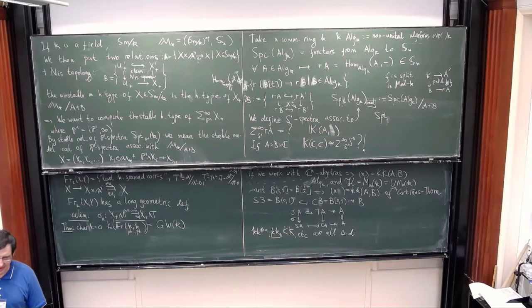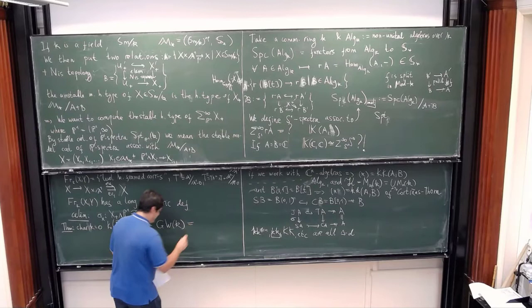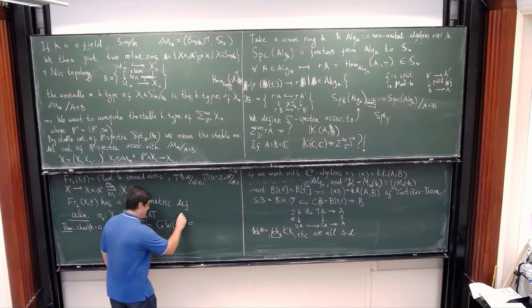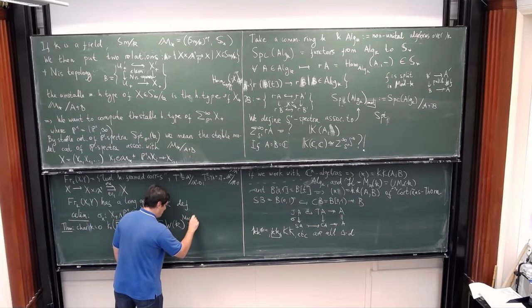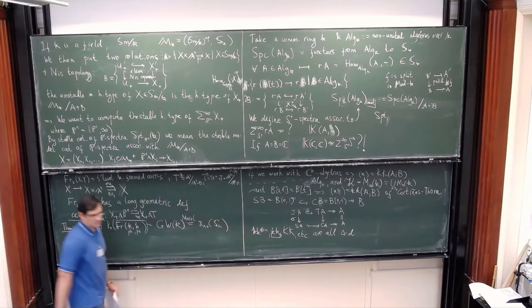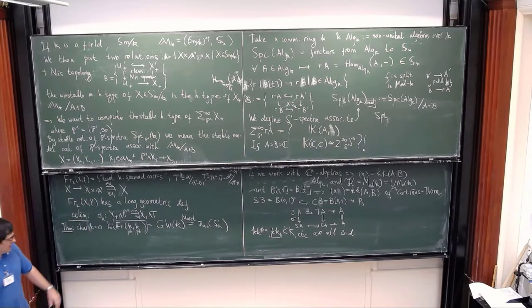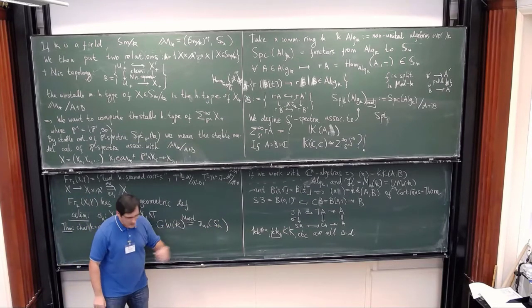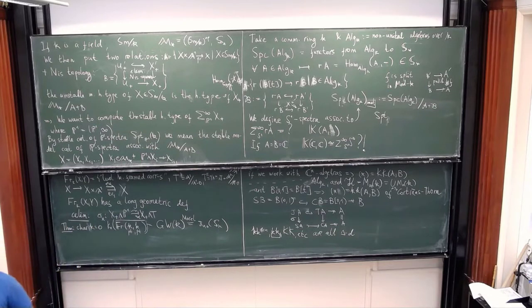What is the relation with Morel's theorem? Just a second, I'm going to write it immediately. Of course, this is by Morel, so it is written here as well. We know that it is pi-naught of the motivic sphere. More generally, one can recover Milnor-Witt K-theory, which is a kind of motivic ring of integers here.